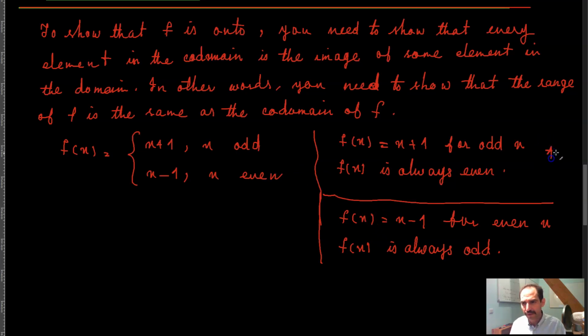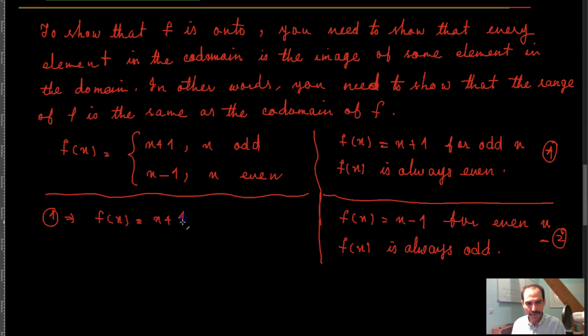So having these two situations, call it for example number 1 and call it number 2, you can take case number 1 and say that your f of x is equal to x plus 1, right? And you know that your output is always even because your input is always odd, right?